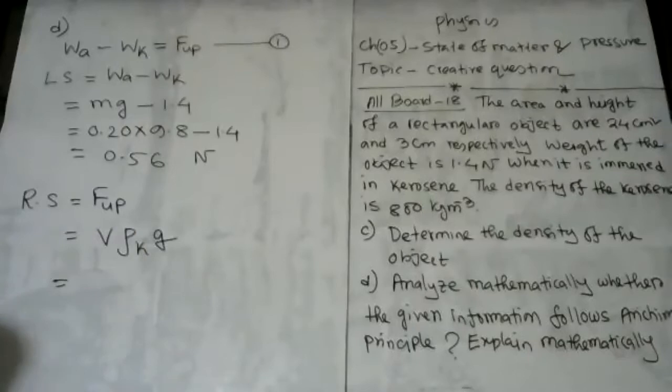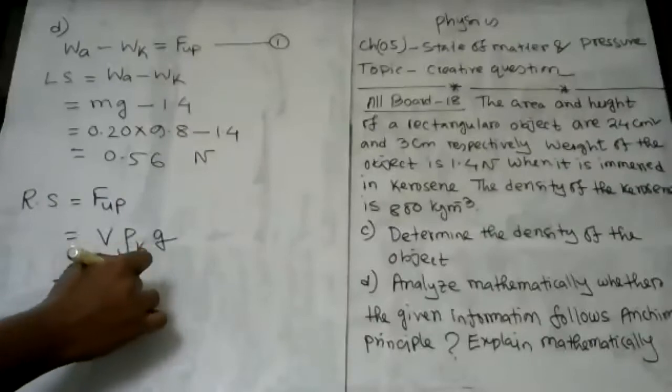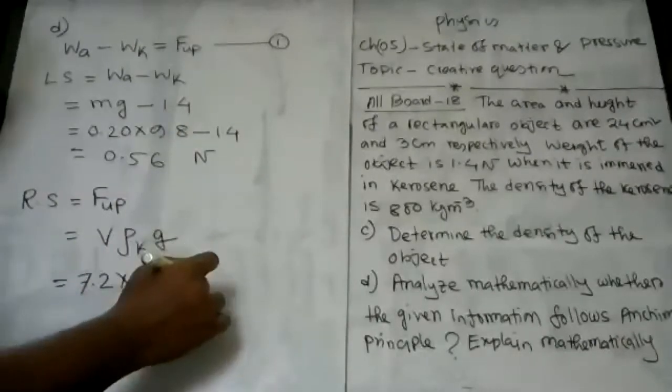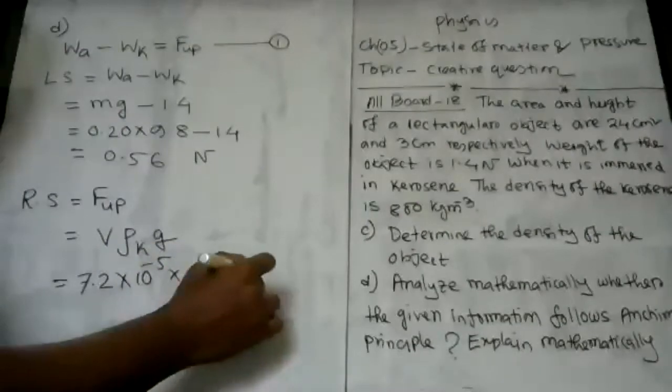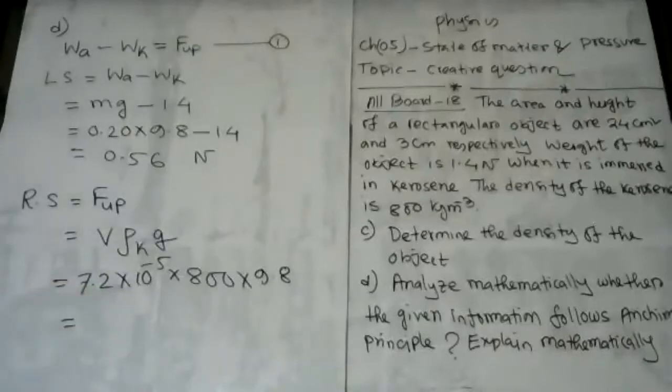What was the value of V from question C, my dear student? What was the volume V? 7.2 into 10 to the power minus 5. And then density rho for kerosene equal to 800 and g equal to 9.8. So this is the upward thrust given by the liquid kerosene.